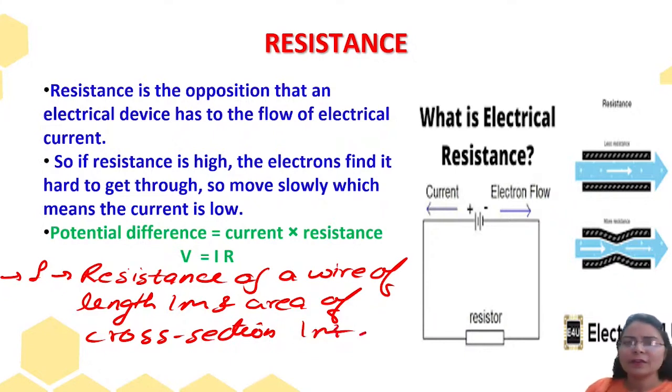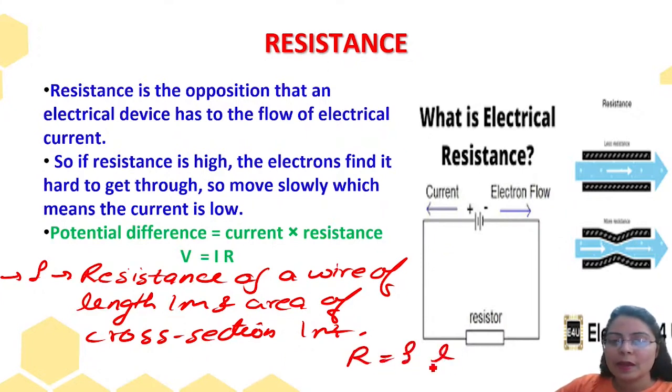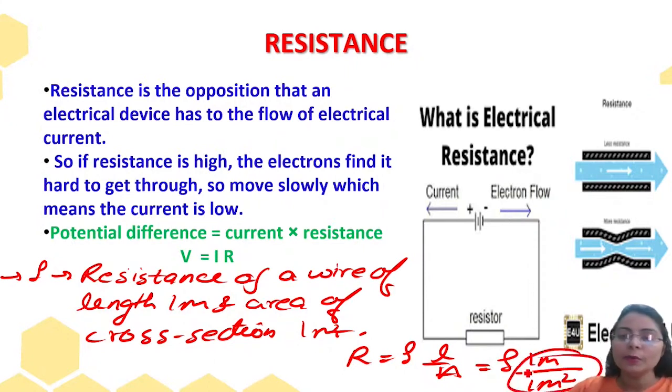What does it mean? How is resistance equal to resistivity? I can prove it. See, R equals rho L upon A. If the length of the wire is 1 meter and the area of cross section is 1 meter square, then L upon A will have no effect. What will be the value? R will be equivalent to rho. For 1 meter of length and 1 meter square of area of cross section, R is equivalent to rho.